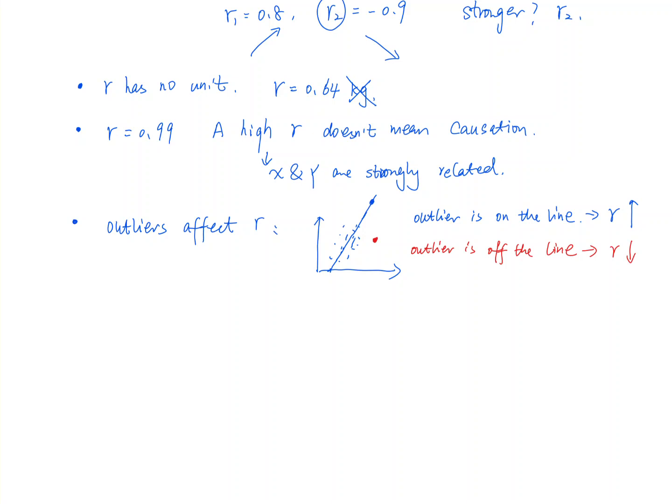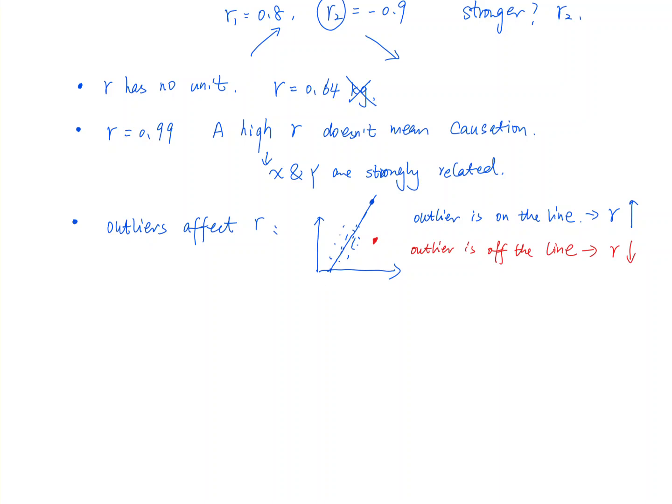So the other way, for the outlier on the line, it makes the correlation stronger, but if you remove this outlier, the correlation will be weaker. For this outlier, if you remove it, the correlation will be stronger.